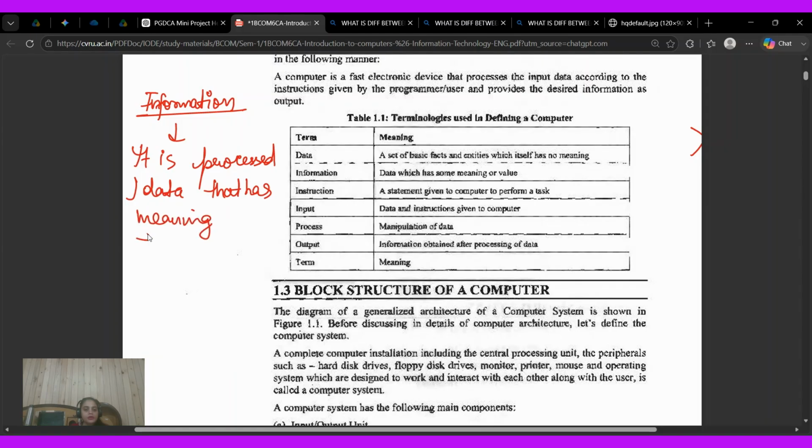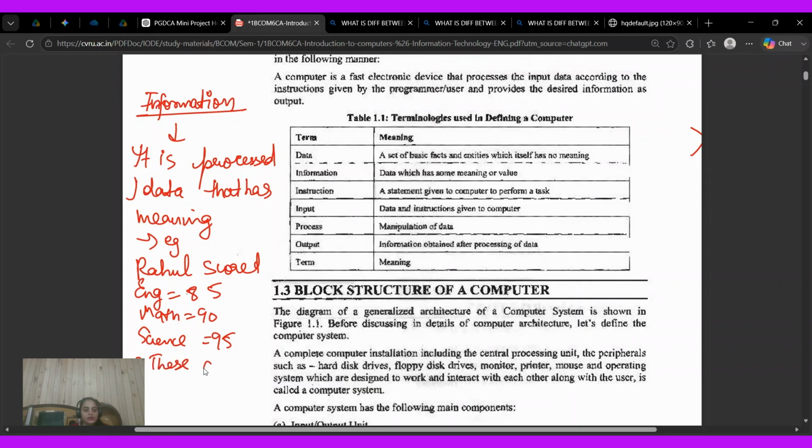Example: Rahul scored 85 in English, 90 in math, 95 in science. So now we know these are Rahul's marks. Now data has meaning here.